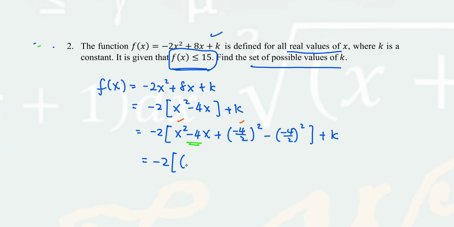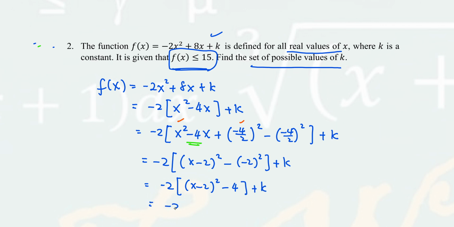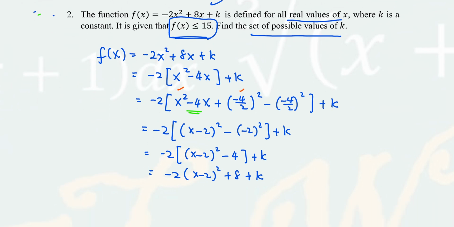So it will be x. Now minus 4 over 2 is basically minus 2. Then you square it and minus 2 squared. After that plus k. And now from here I will be getting minus 2 bracket x minus 2 square minus 4 plus k. And now do expansion. This is going to be minus 2 bracket x minus 2 square plus 8 plus k. Okay, so now this plus 8 plus k will be our value.